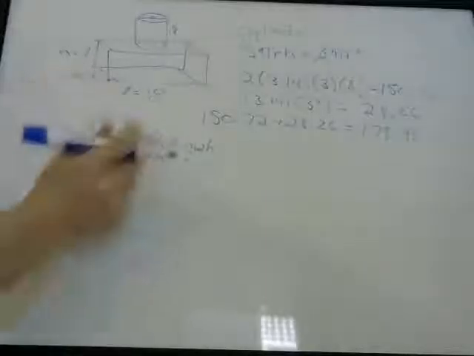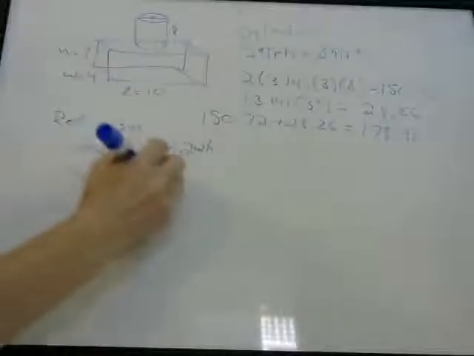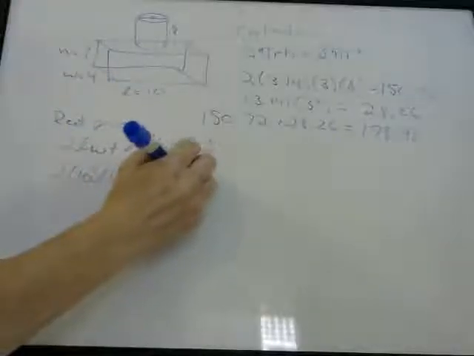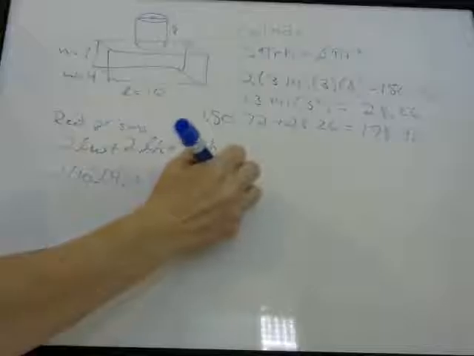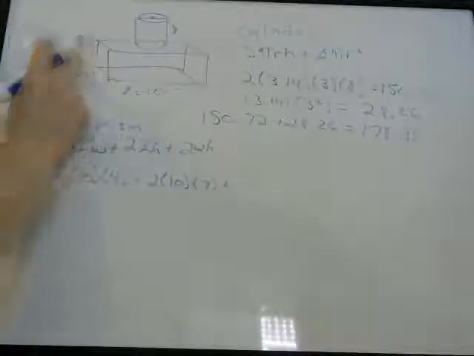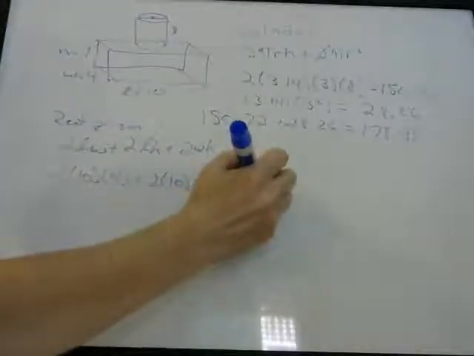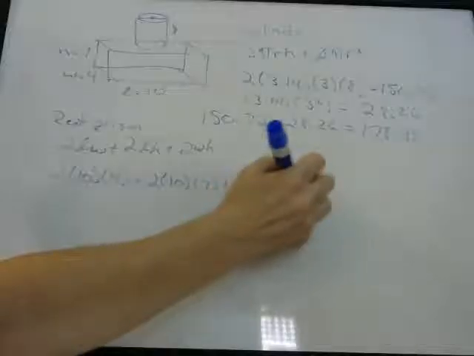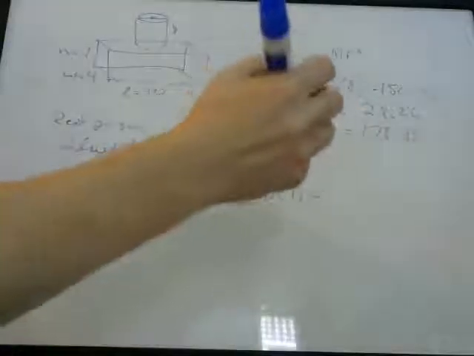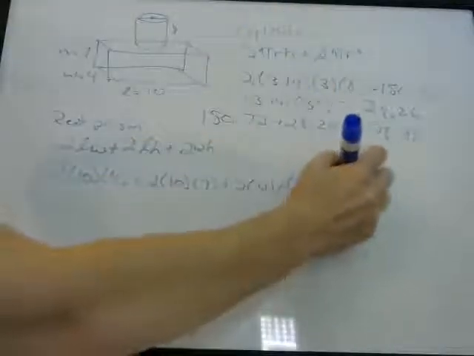So 2 times length times width plus 2 length times height plus 2 width times height. You plug that in your calculator and you're going to get 276.